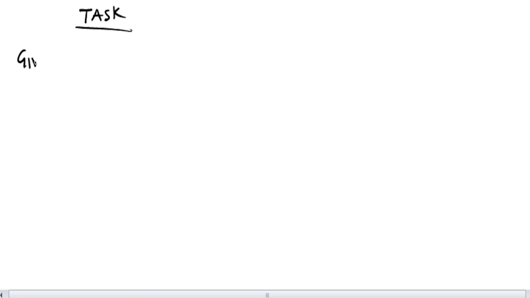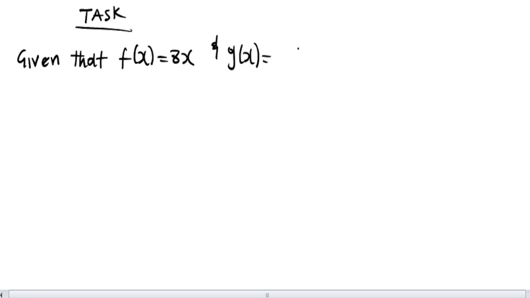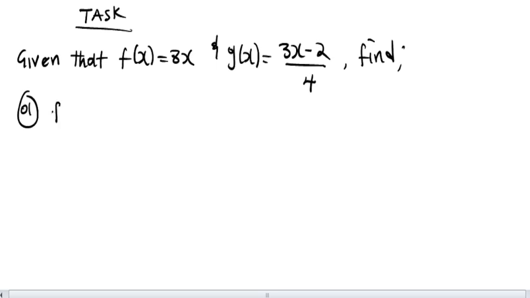So the task is that, given the function f of x is equal to 8x, and we have another function g of x is equal to (3x minus 2) over 4, we've been told to find, first, the inverse of f of x.